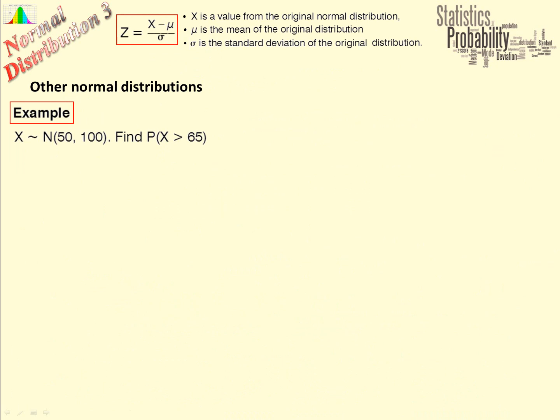So in this case, we have to find the probability that X is greater than 65. Notice we've been given the mean and the variance. So the standard deviation is 10.